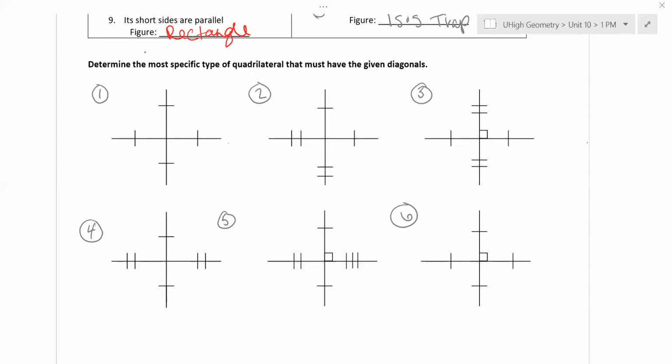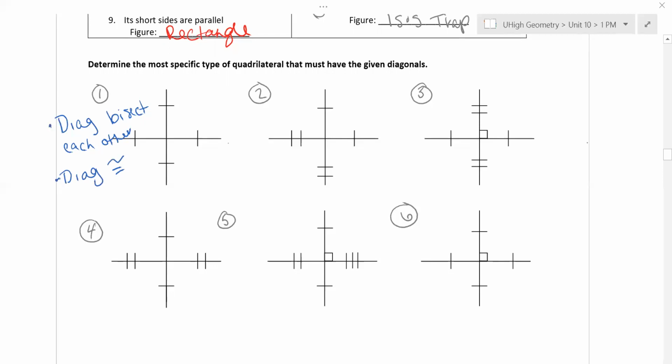So right now, what this tells me is that my diagonals have to bisect each other because both diagonals are split into 2 congruent parts. And since they're all 4 the same size, my diagonals have to be congruent.